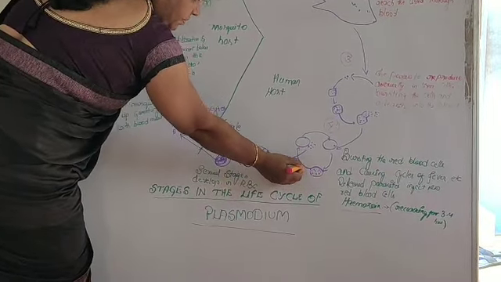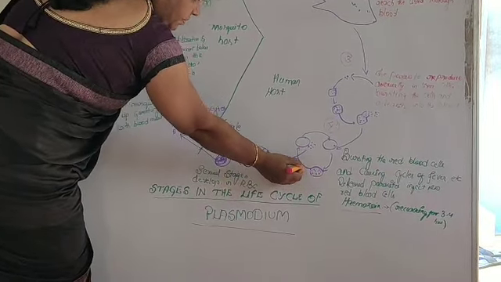Up to here, male and female gamete formation happens in the human host. Then afterwards, the human host, that is the infected person containing malaria sporozoites. Whenever another mosquito, as a vector, bites this person, the person contains male and female gametes, which are called gametocytes.